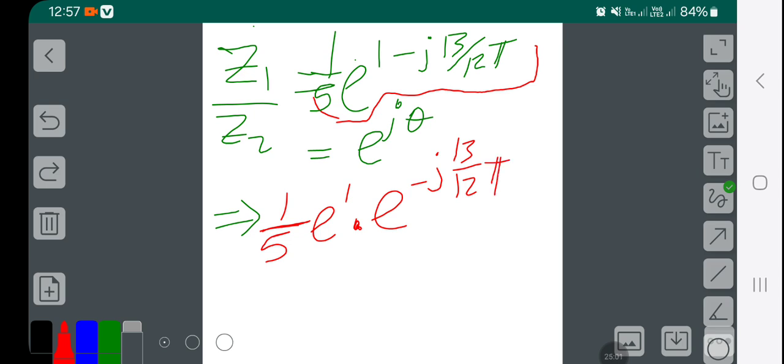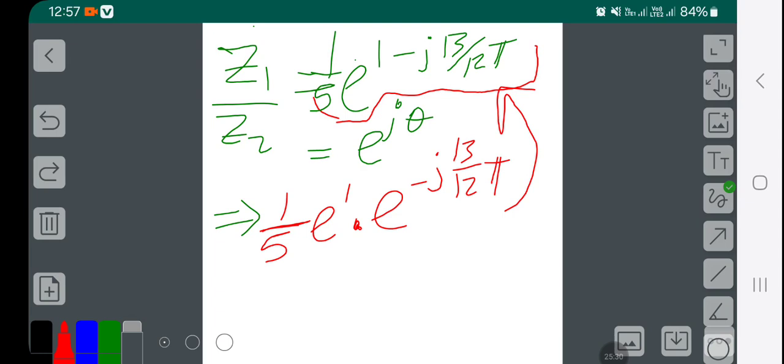I hope you did understand from the laws of exponents, the way I wrote this one is the same thing as this part here. But as you can see, your powers are 1 and negative J 13 over 12 pi. From the laws of exponents, you can just add those powers. You still go back to 1 minus J 13 pi.